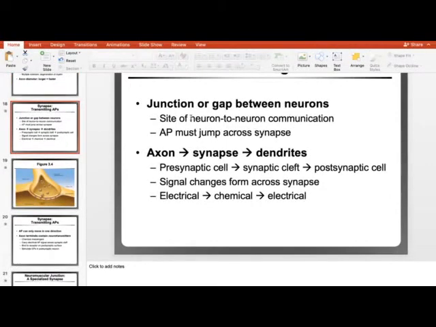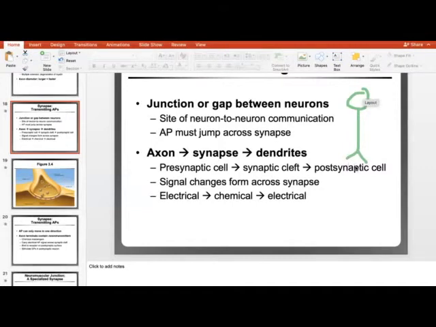All right, now we're going to start talking about the end of the neuron, when it gets either to another neuron or to the muscle fiber, it's got to make a connection with something else. So there's going to be a gap between neurons. So you have your neuron here, cell body, axon, and then your synapses.